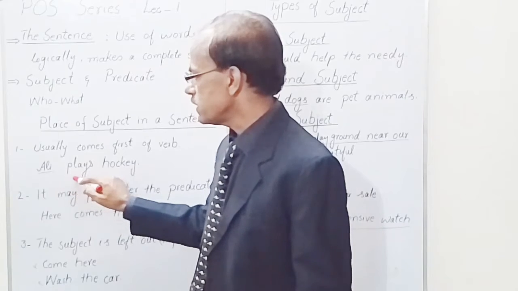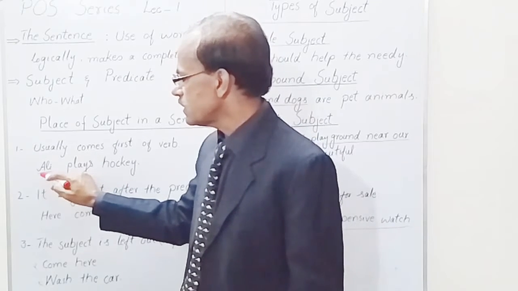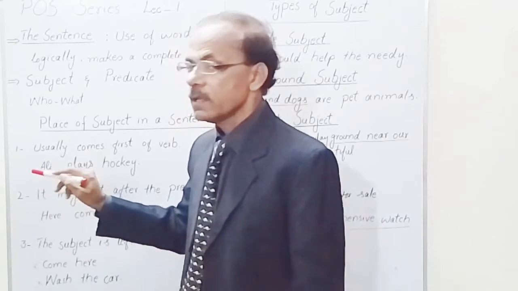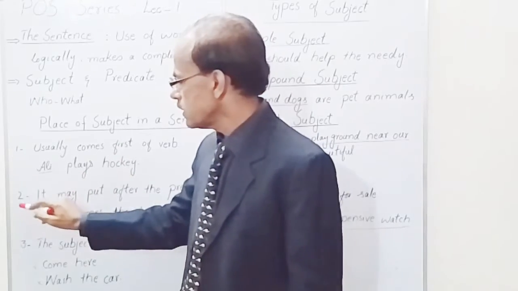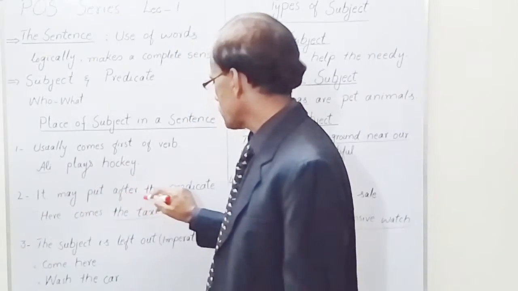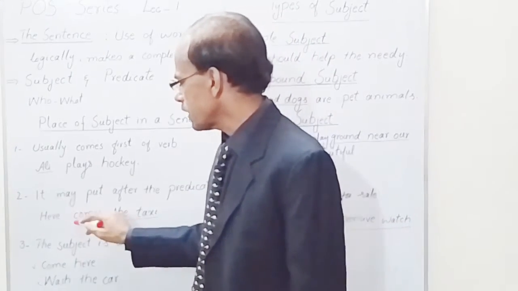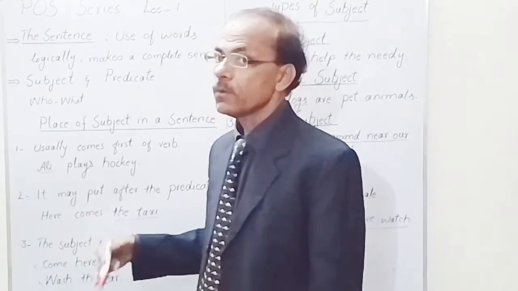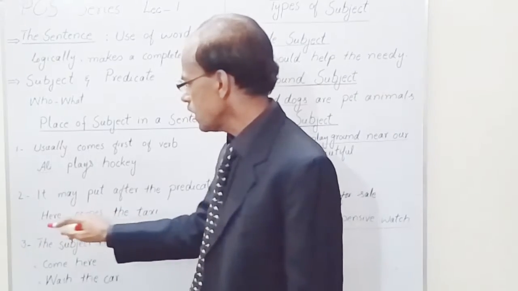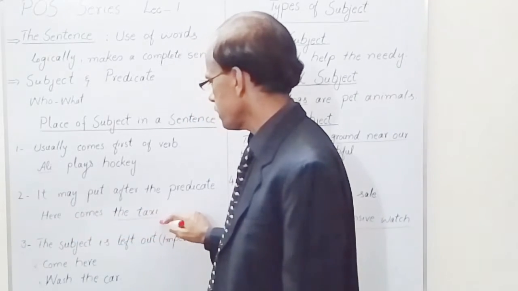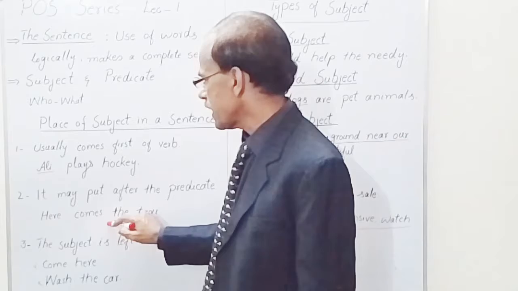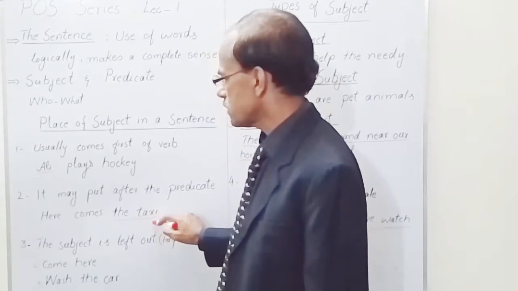The verb is plays and Ali is the subject. In the second case, it may be put after the predicate. You may say it can be the object of your verb. Here comes the taxi. So here the taxi is the subject.